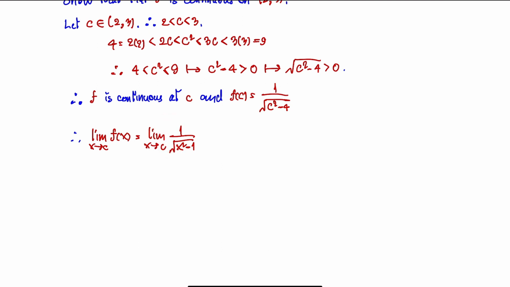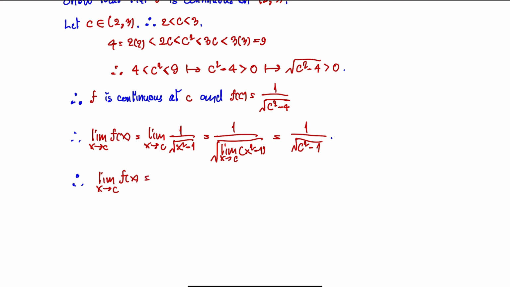So we have 1 over square root of the limit as x approaches C of x squared minus 1, which is 1 over square root of C squared minus 1. So that means we have the limit of f of x as x approaches C equals f of C.